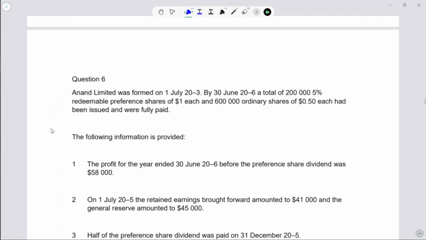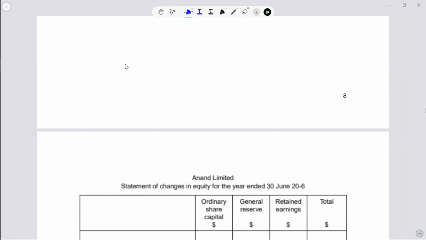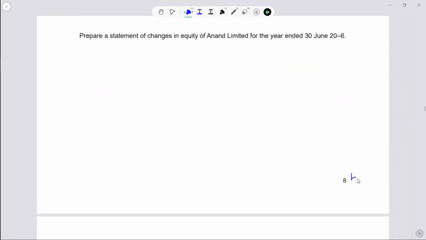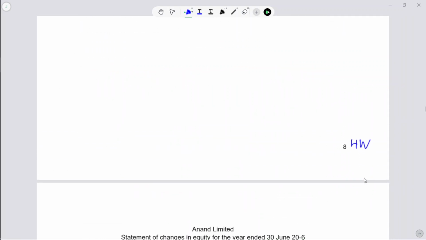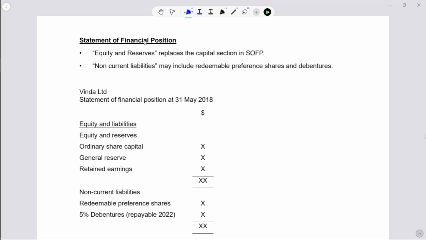Okay, so let's continue. So this question 6, I decided to give you homework. This one also homework. Page 8 homework. Page 9 homework. And then this one is a SOFP format. Basically, the equity and reserve section replaces the capital section in the SOFP.